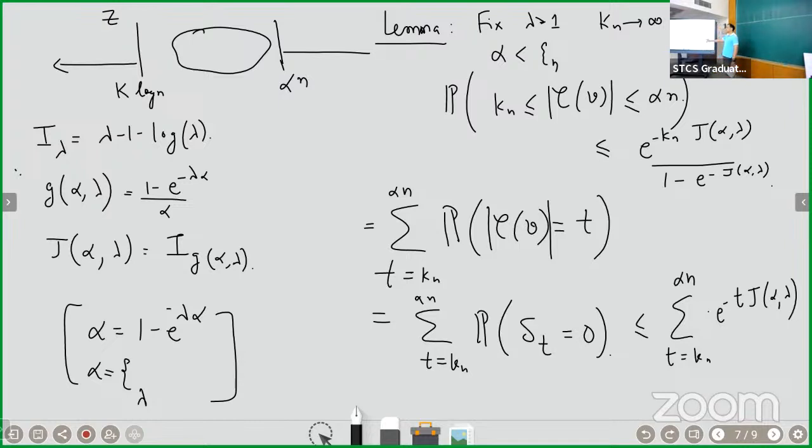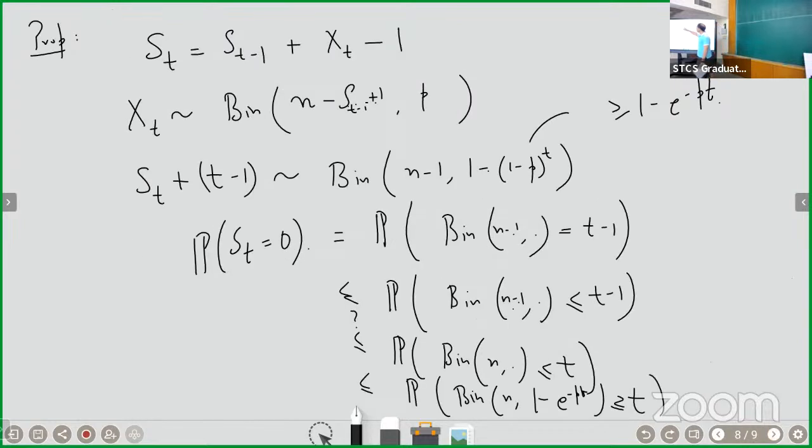You can take it all the way to infinity if you want, no problem. The first term is small enough, that's e to the minus k initial, and everything is multiplied by j. This is what you end up with. Why? We are only controlling this process. Whenever it is 0, you already know its distribution, which is not good.